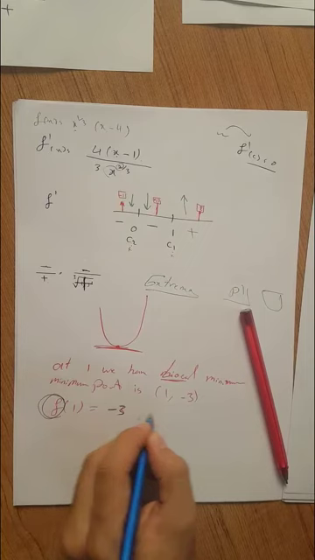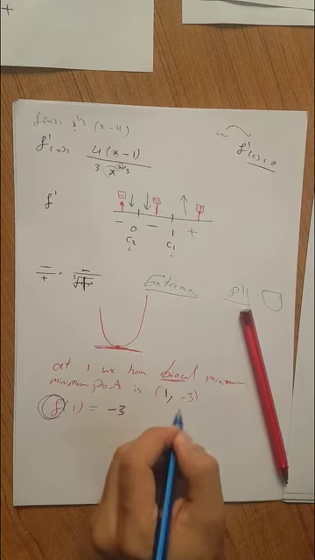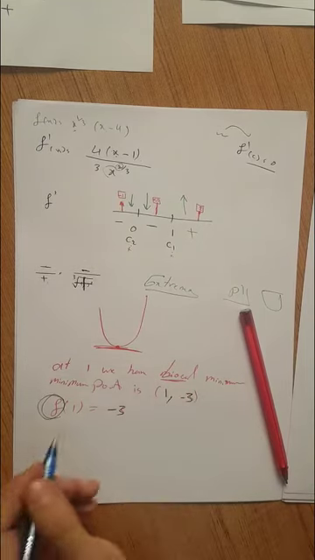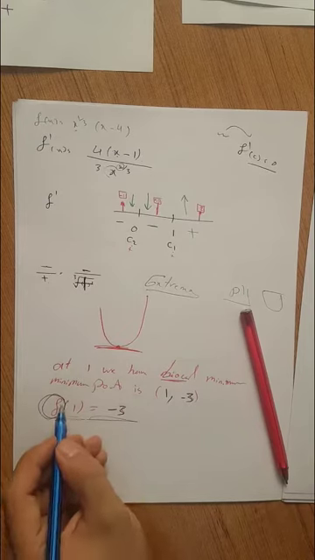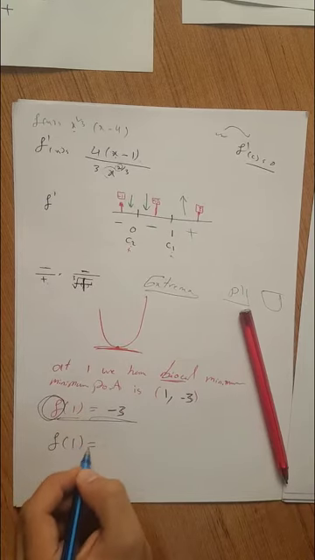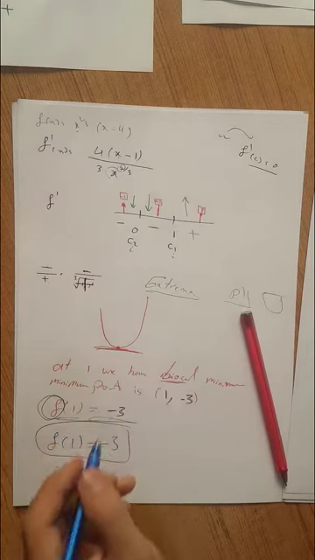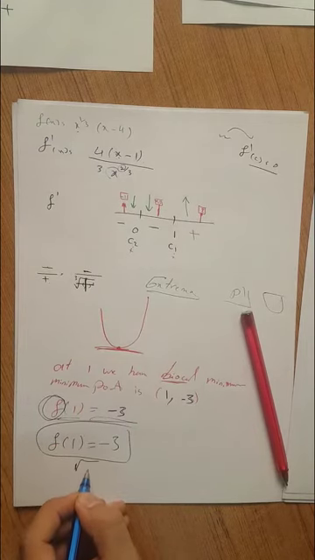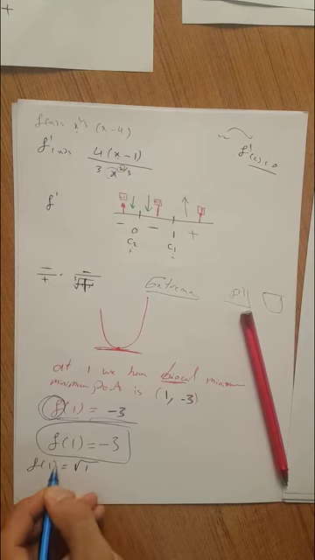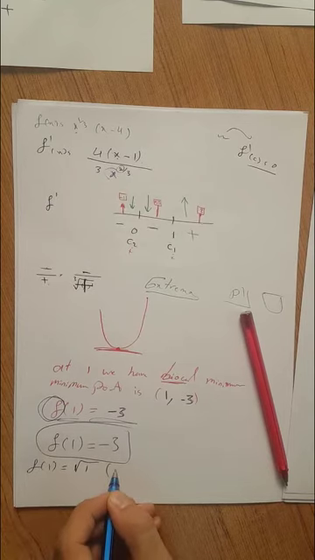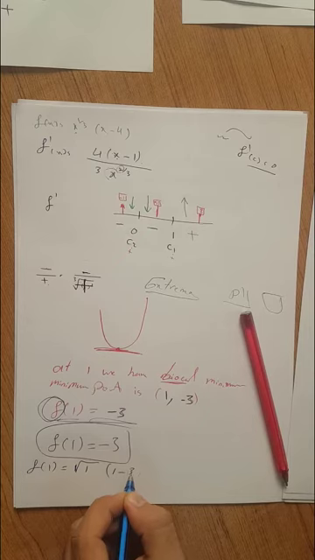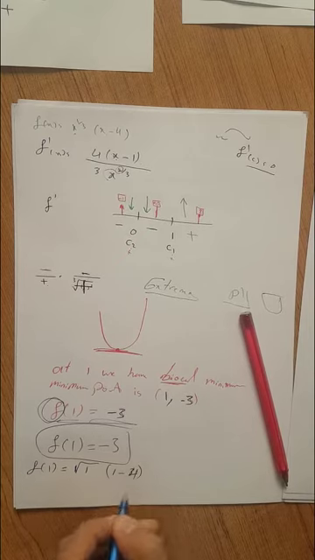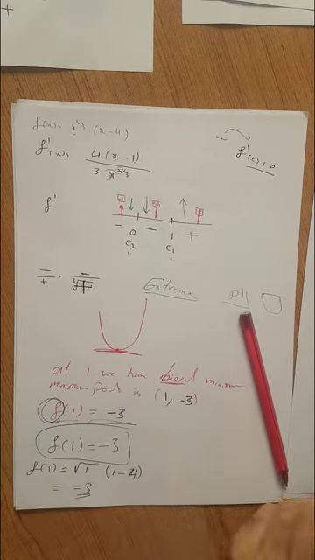When we are talking about the point, you should put it in the original function. So I didn't say f prime, I say f of 1 is equal to minus 3. Put in the 1, cubic root of 1, f of 1, 1 minus 4, which is equal to minus 3.